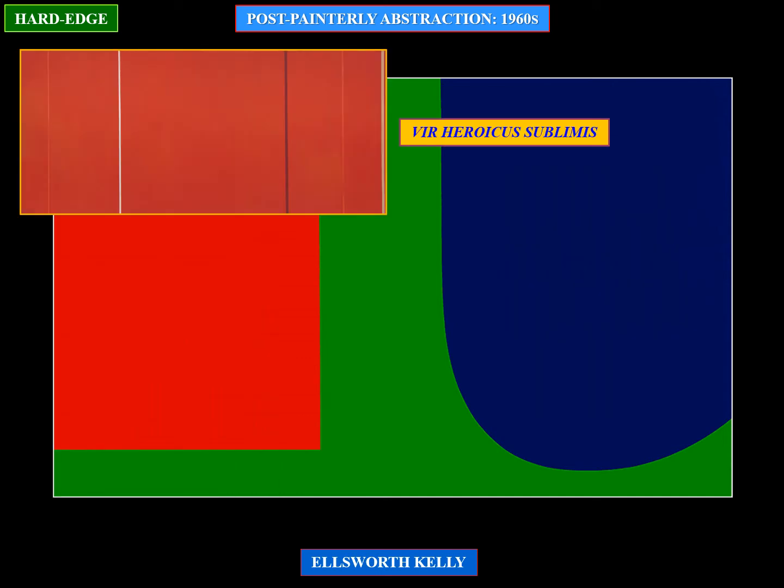And remember, we were looking at the color-filled example of abstract expressionism by Barnett Newman, and he did this huge painting called Vir Heroicus Sublimus, Sublime Heroic Man.